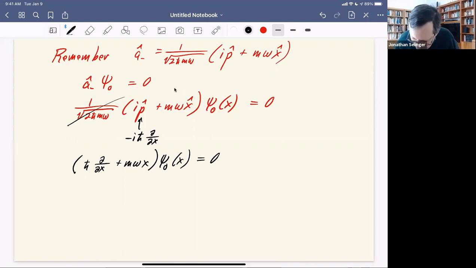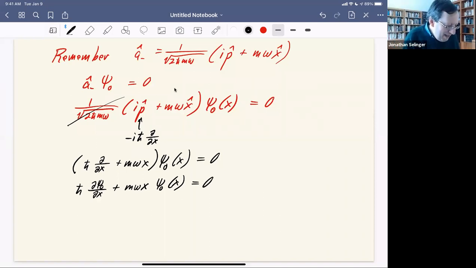If we work this out, h bar d psi 0 dx plus m omega x psi 0 of x is equal to 0. All right, so look, this is now a regular differential equation.